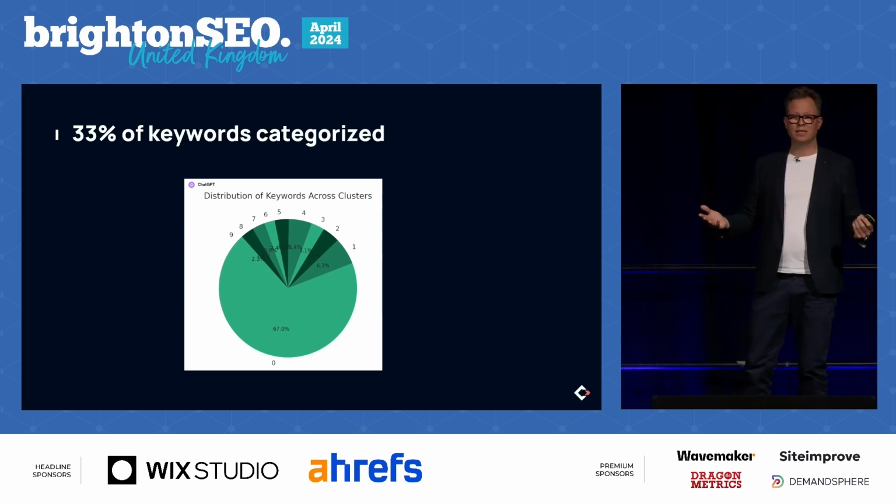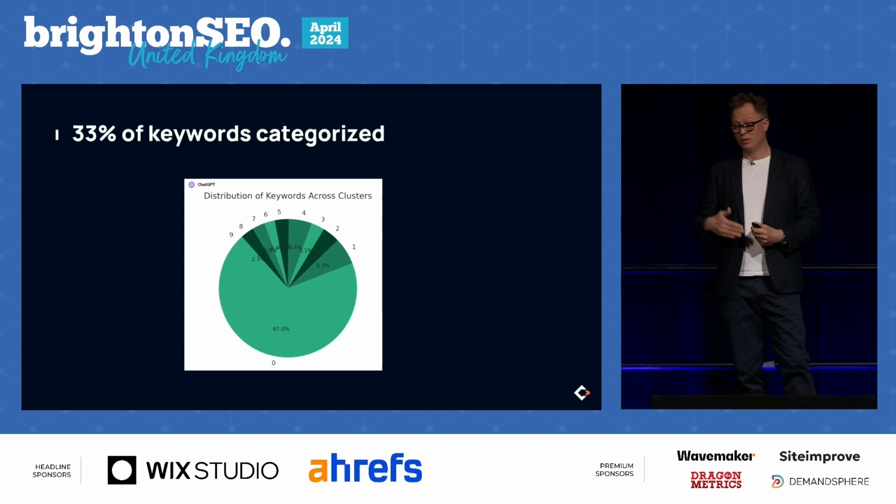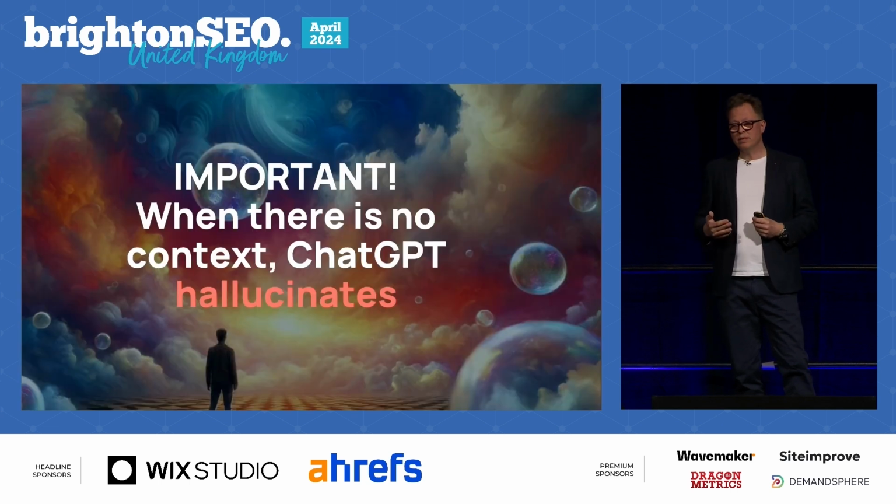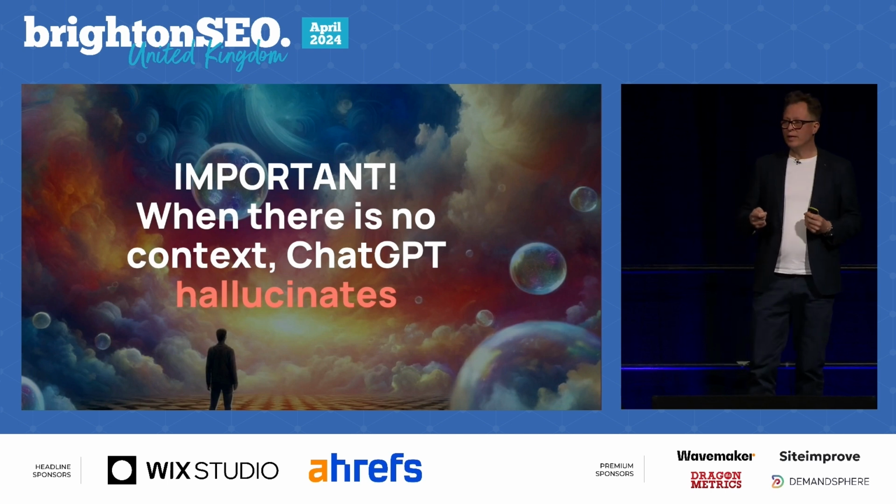Still means I have 67% that I need to do a second round with. So my message here, the first one, is actually that ChatGPT will always give you an output. And if you don't have the bullshit detector on, it will give you an output which is not good. When there is no context, ChatGPT will hallucinate.